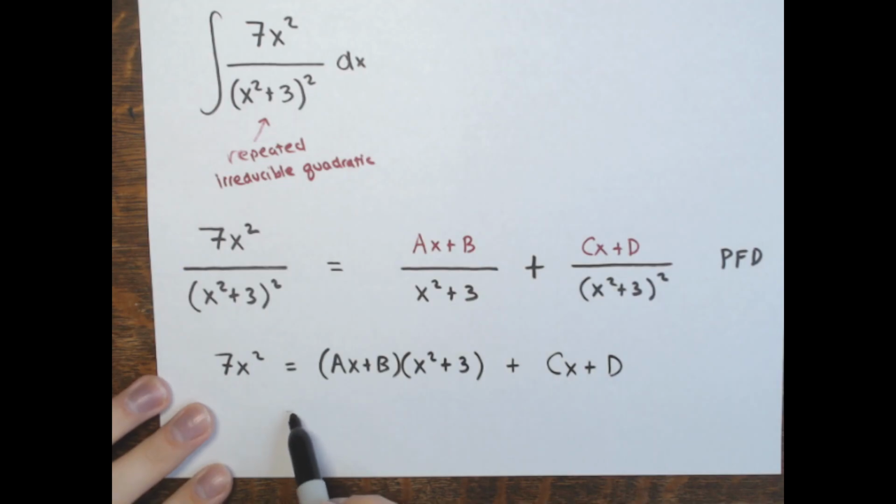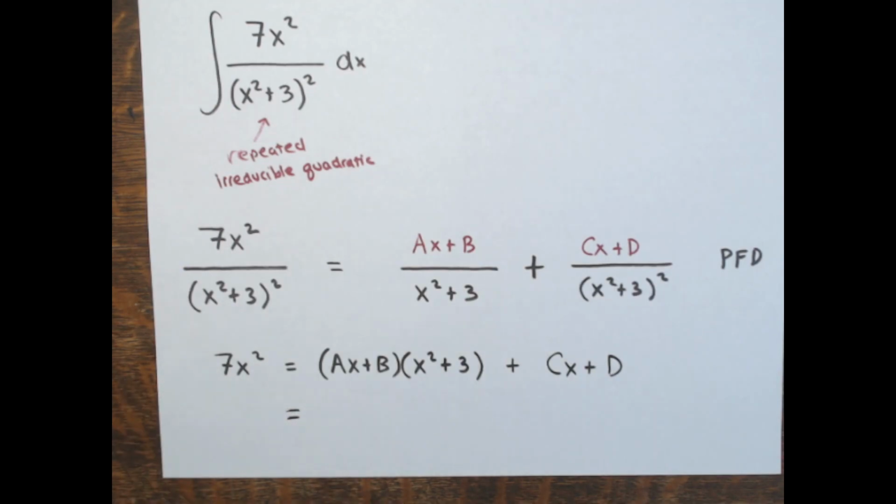And I'm going to do that thing where we equate coefficients this time. Because when there's repeated stuff and irreducible quadratics, yeah, you can do the thing where you plug in all sorts of numbers to find a, b, c, and d. It's just, I don't know, I find it takes more time for me to do that.